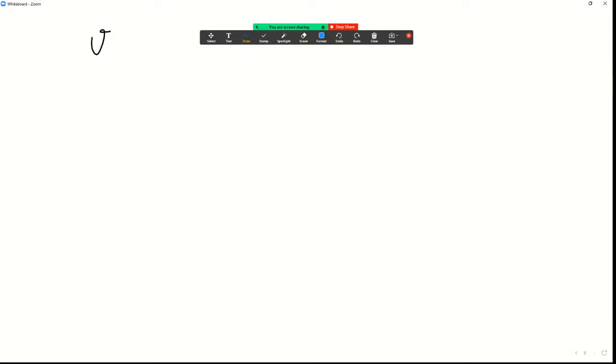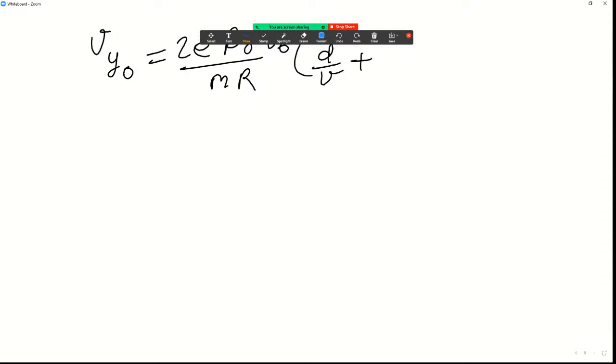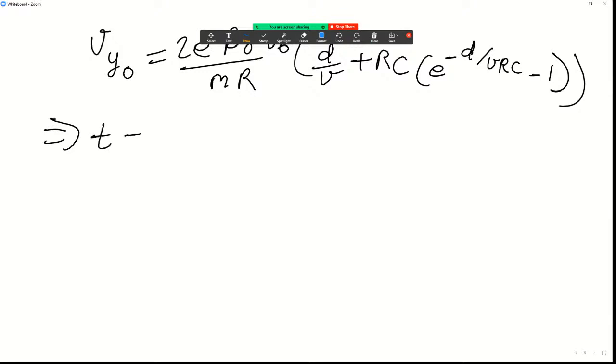So we have Vy0 to be 2e beta r V0 by mr d over v plus rc e to the power minus t by v over rc minus 1. So we can directly write time as r by vy0.